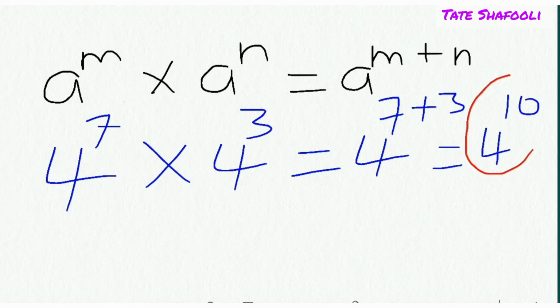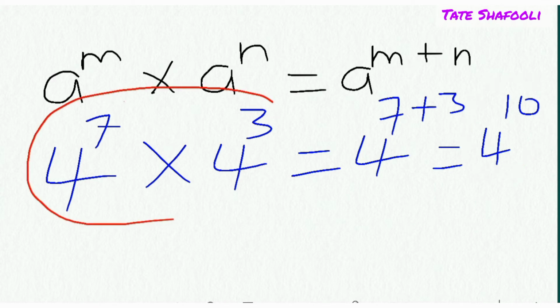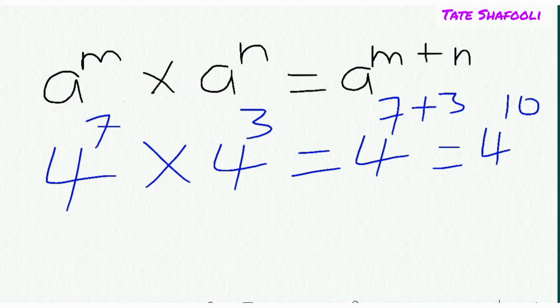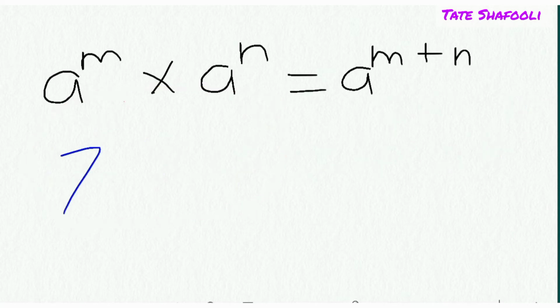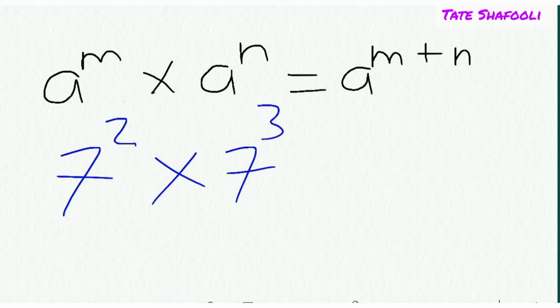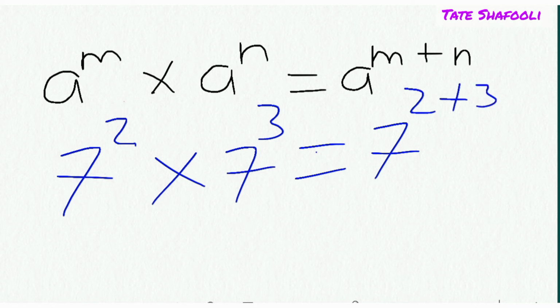This 4 to power 10 is the same as 4 to power 7 times 4 cubed. 7 squared times 7 cubed can be written as 7 to power 2 plus 3, which is equal to 7 to power 5.